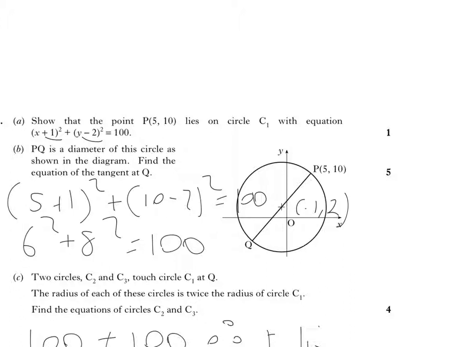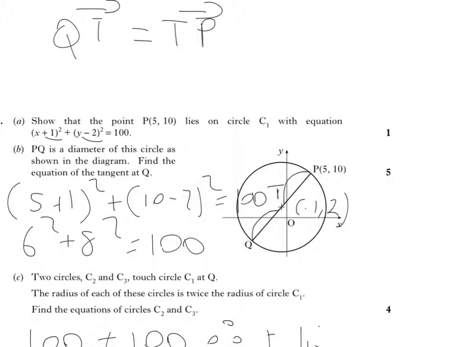What I can next say is that, calling the circle centre T, vector QT is equal to vector TP.